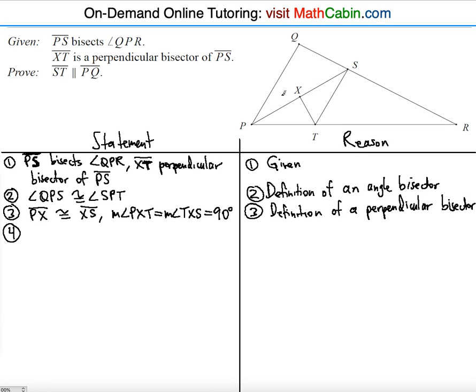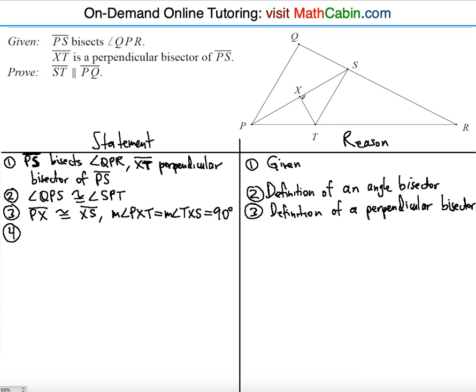Okay, so for that, notice that we already have what? We already have one pair of sides that is the same in these two triangles, that is congruent. We have PX and XS, right? We also have a pair of angles, right? These both are 90 degrees. Now we have the third part available, right?